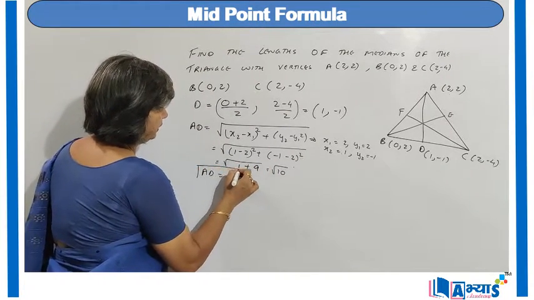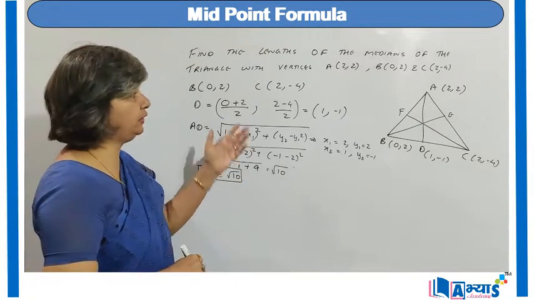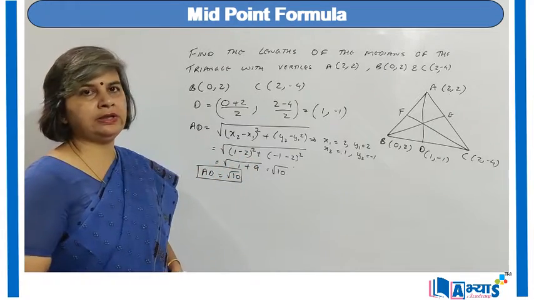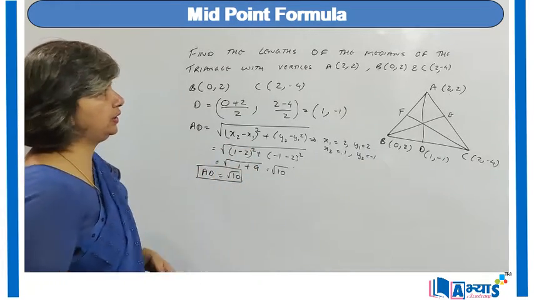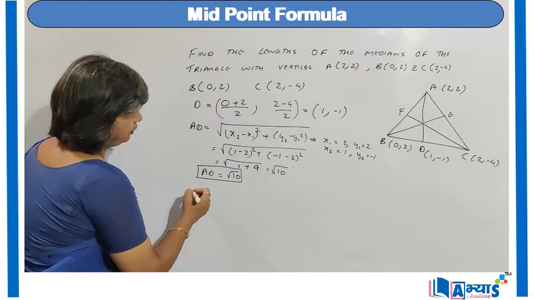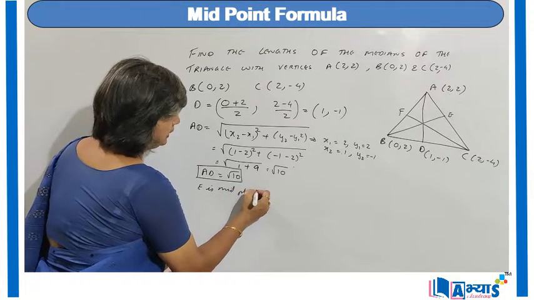So now we have used the midpoint formula to find the coordinates of D, and then we have used the distance formula to find the length of AD. Similarly, we will find the coordinates of E. E is the midpoint of AC.